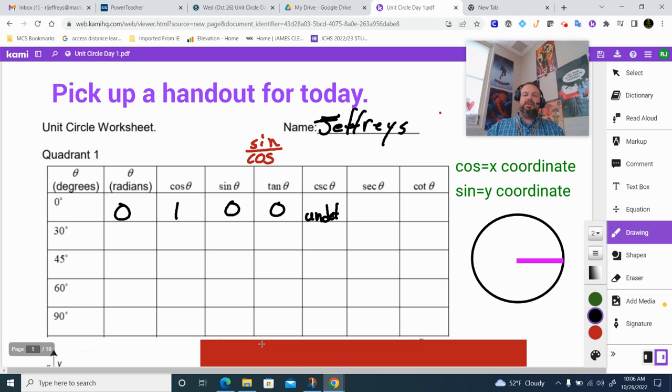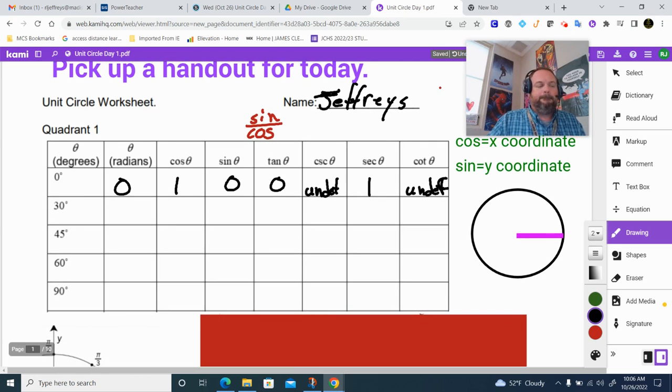Okay. Secant goes with cosine, so this is 1. And then cotangent, that would also be undefined. Okay, that's an F, not a T. Some of y'all are used to seeing Fs.